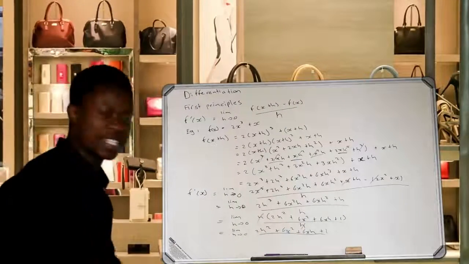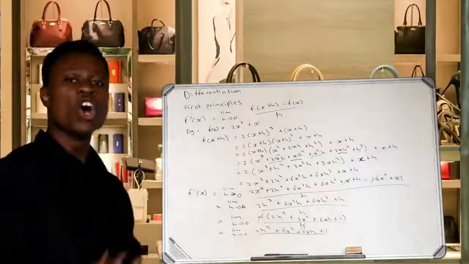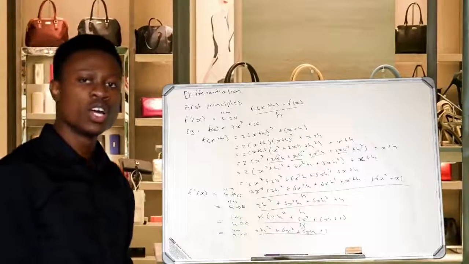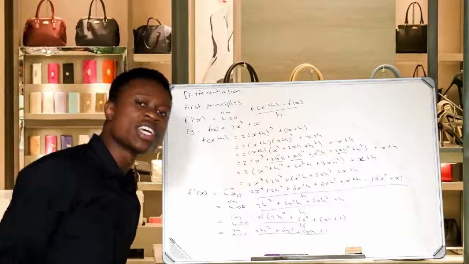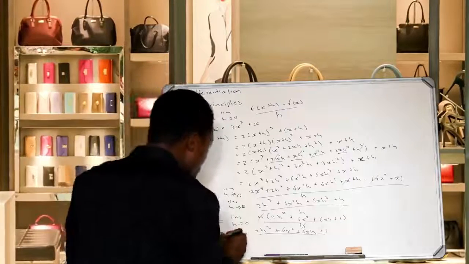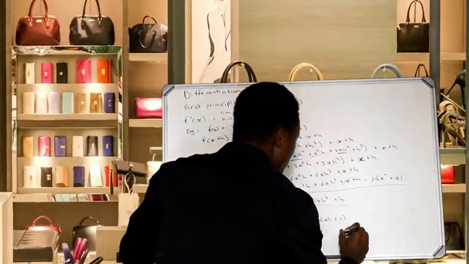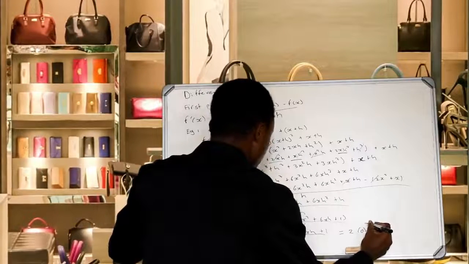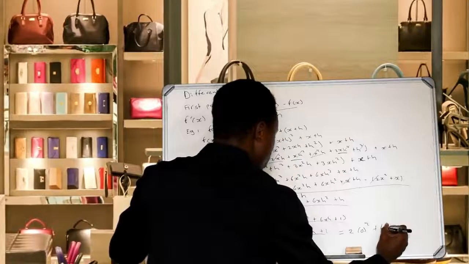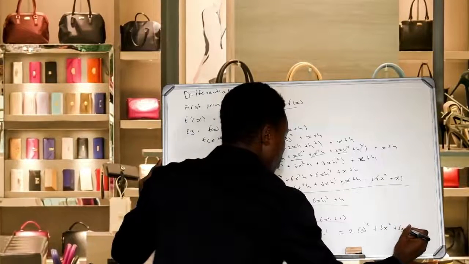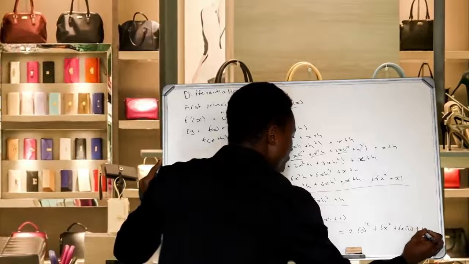So what do I do now? Is there an h at the bottom? No, there isn't, because it just canceled out. So now I can substitute the value of h, which is 0. Why? Because there won't be an undefined. So if I substitute, this is equal to 2 times 0 squared plus 6x squared plus 6x times 0 plus 1.